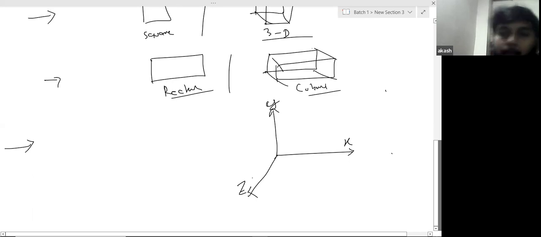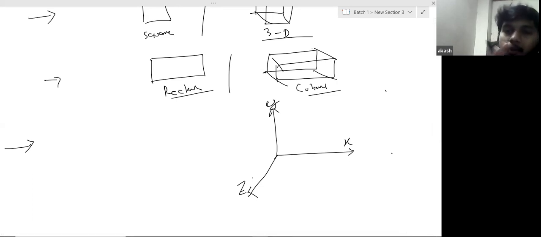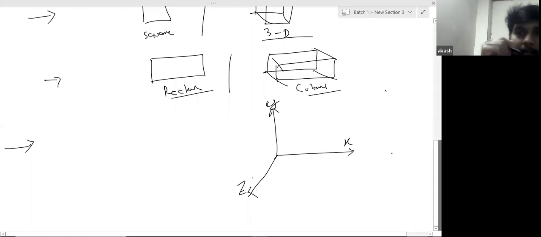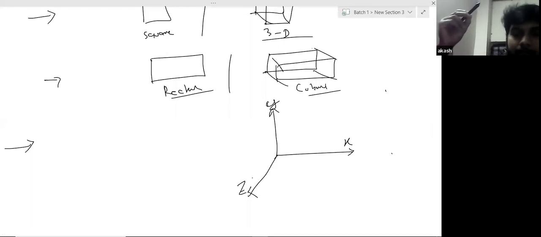And do one thing also. Wherever you are sitting, look at any corner of your room. The line going above, take that as y-axis. The line coming from the corner point to your right side is x-axis, and the front line is z-axis.